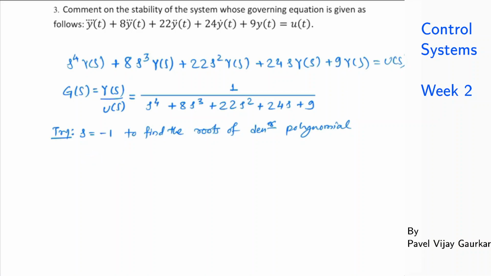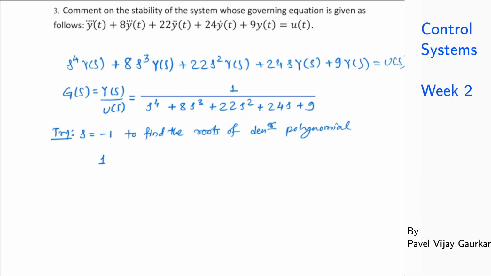So let's put minus 1 here. S power 4, so it will be plus 1. Here s cube, that will be minus 1. Then we'll have s square term, so it's positive. Then we have s term, which will be negative, plus 9.